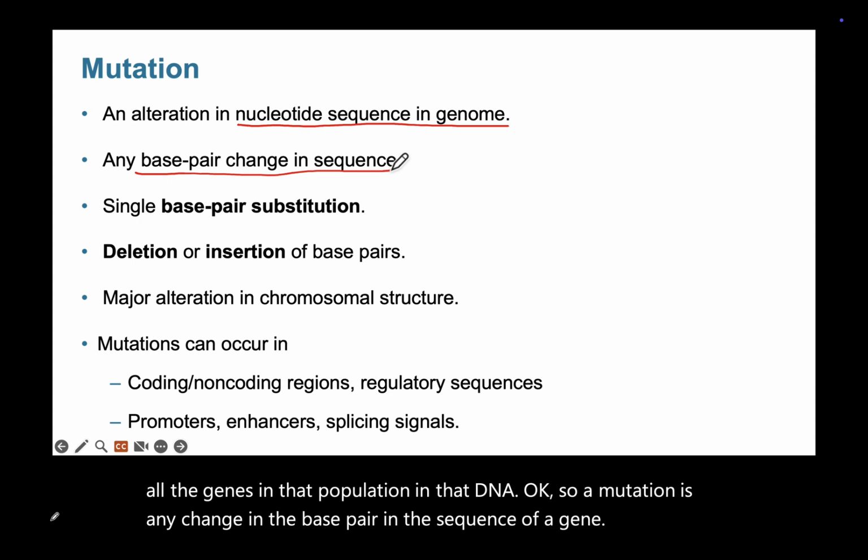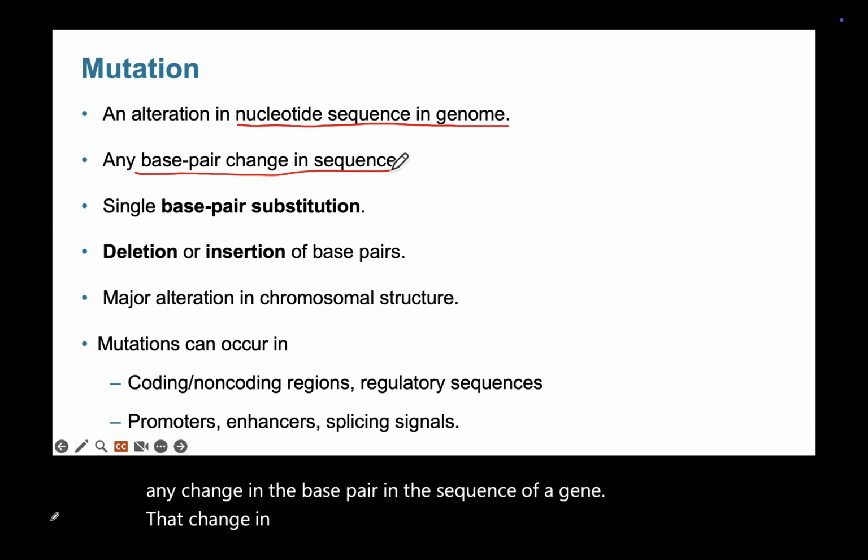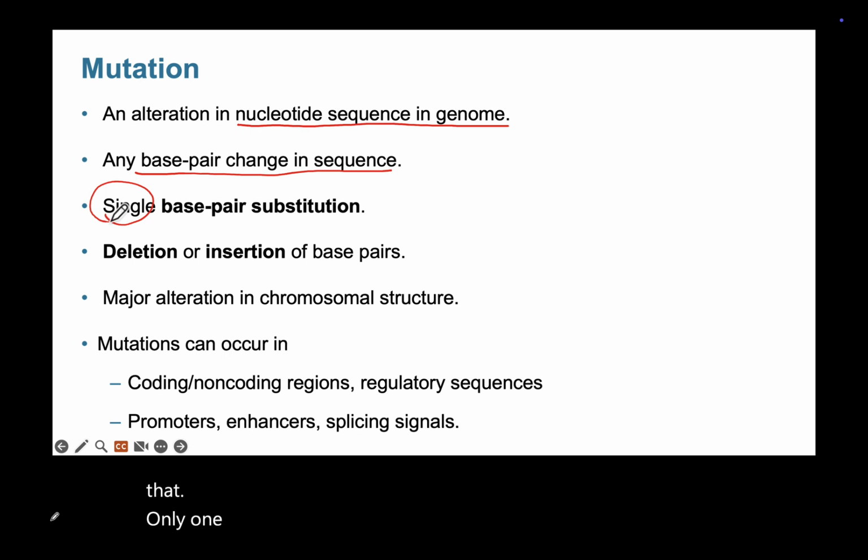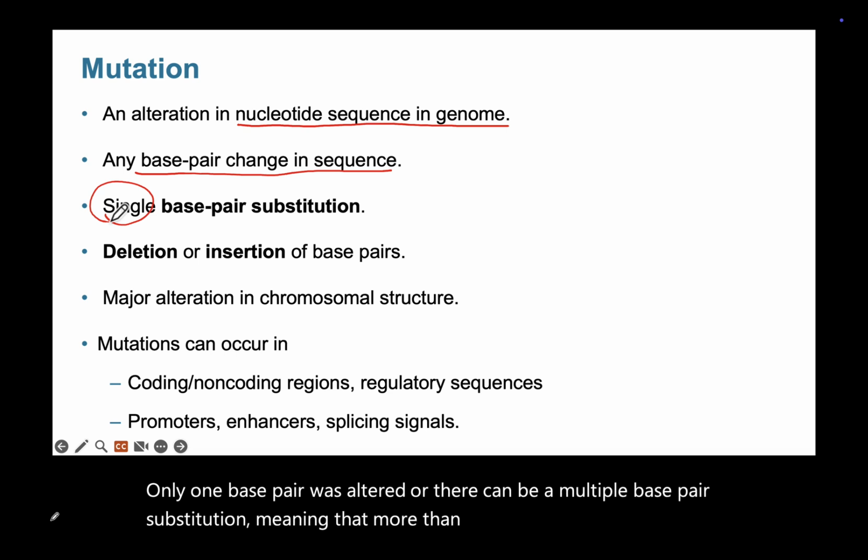That change in the base pair can be a single substitution, meaning that only one base pair was altered, or that can be a multiple base pair substitution, meaning that more than one base pair was changed.